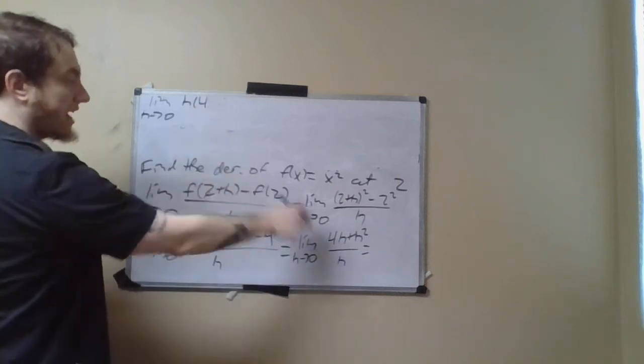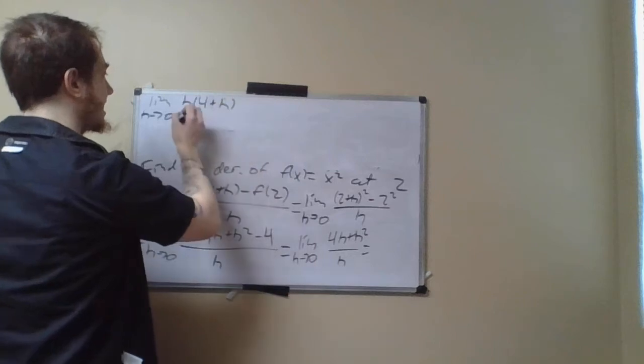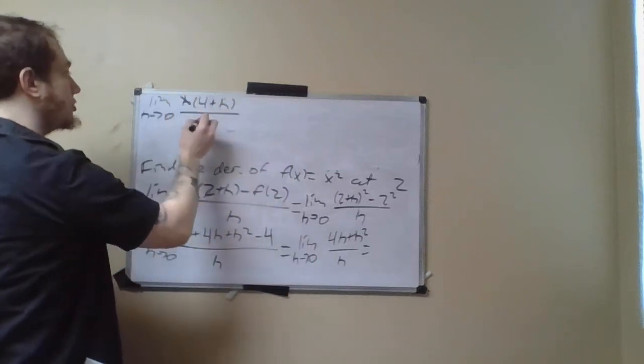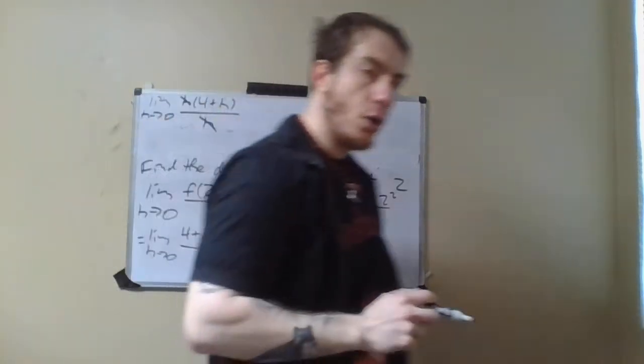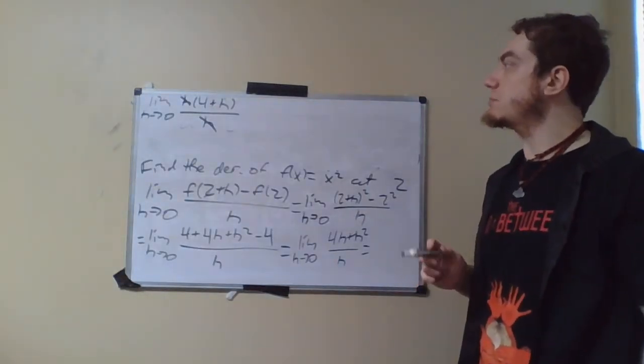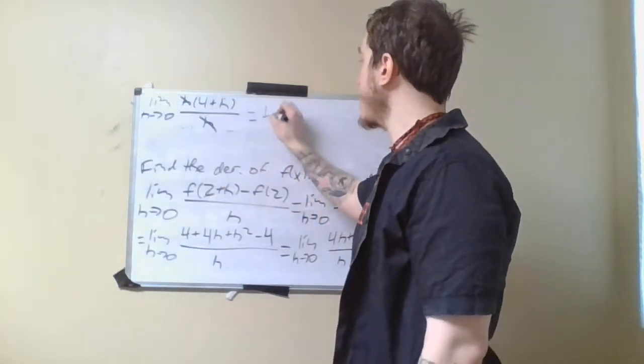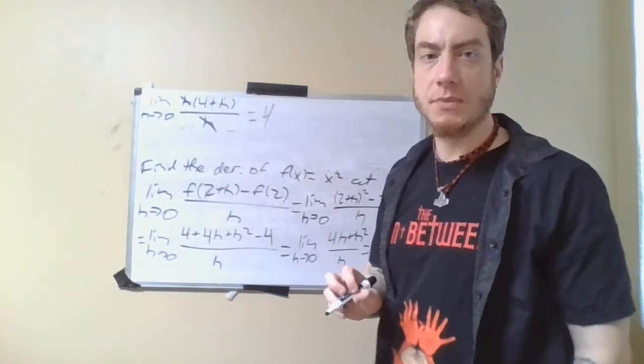What am I doing? I'm factoring out the h. Well, the h's now cancel. What is left is a polynomial in h, so I can find this by evaluation. I just substitute in h equals 0, and I end up with 4.